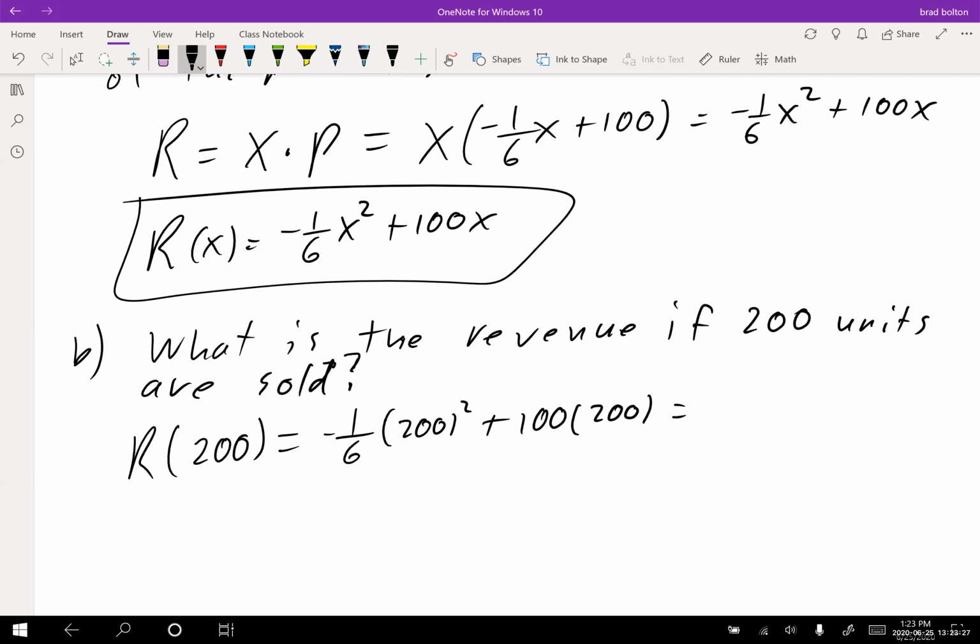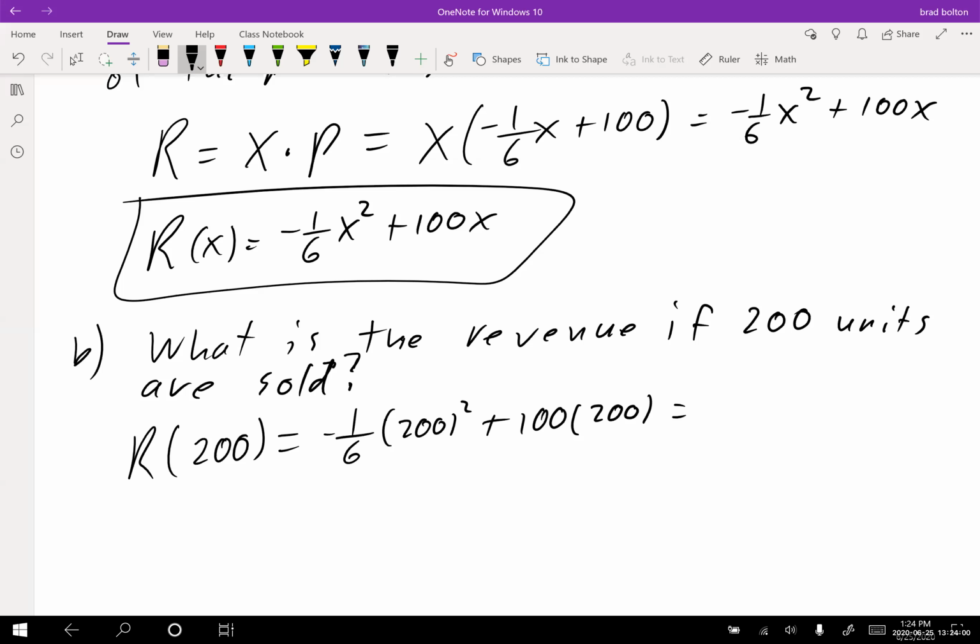And I'm just going to do this on my calculator. So I'm going to do 200 squared times 1 divided by 6. And then I'm going to do plus 100 times, wait a minute. I forgot the negative sign.